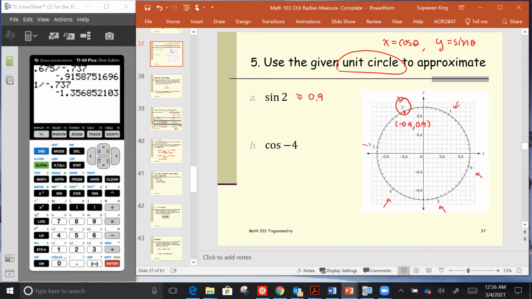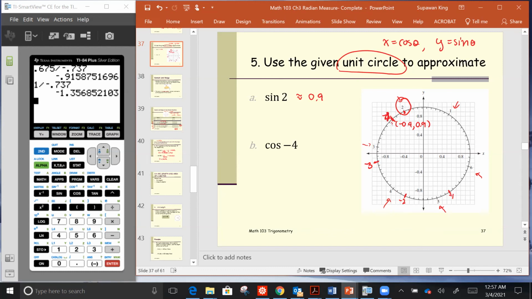For part B, the cosine of negative 4. For negative 4, we go clockwise. Right here is negative 1. It's about negative 2. And this one is negative 3. And then negative 4 is about at this position.